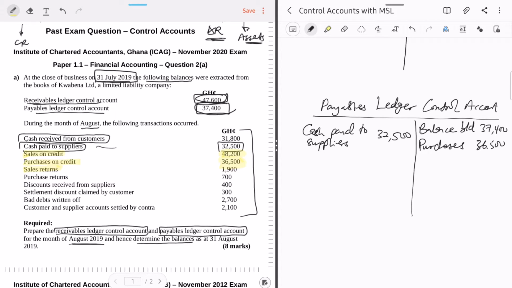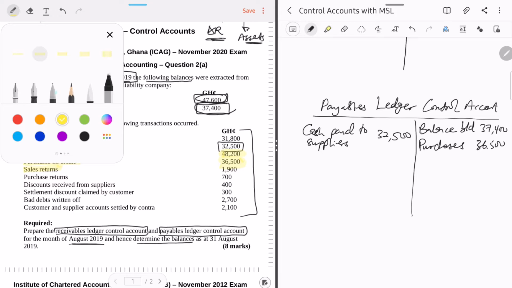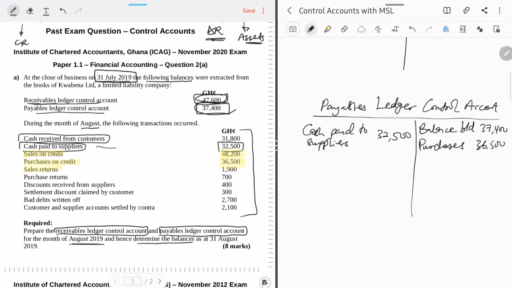Now, sales returns have the tendency to increase a business's inventory. What do I mean? If I had 50 goods, I sold 10, so now I have 40. Then the person returns all 10 to me. What do I have now? I have 50. Agreed? So sales returns has the effect of increasing a business's inventory or stock of goods, which is assets.